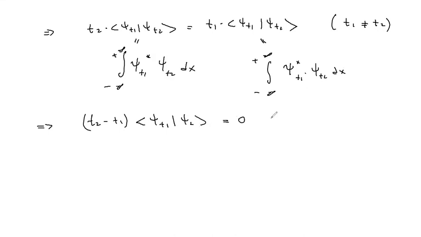What does it mean? T1 is not equal to T2, so I can just cancel this. That would mean that the integration of one eigenfunction with the second eigenfunction will give me 0.